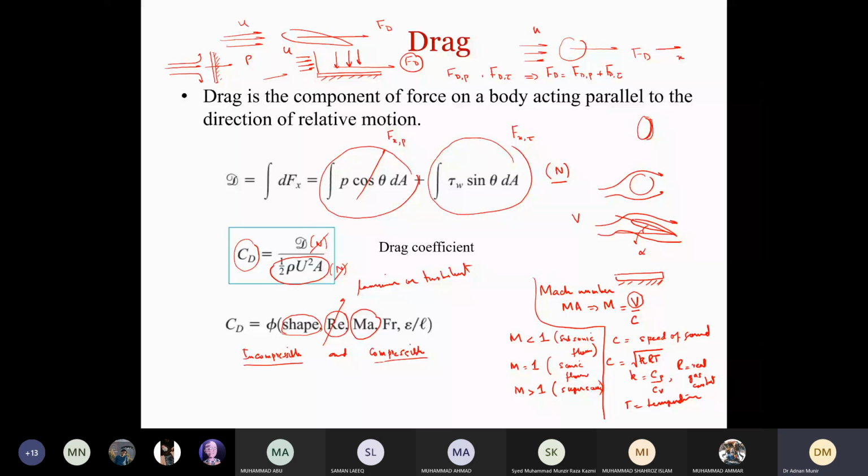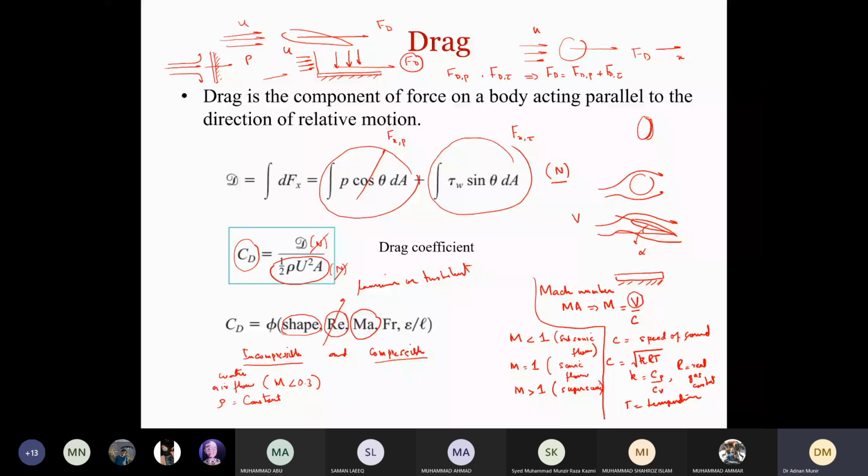Now always remember, water flows and air flows at low Mach number, M less than 0.3, we can assume the density to be constant. Density variations are very small, and then we can say that the flow is incompressible. So if density is constant, the flow is incompressible.